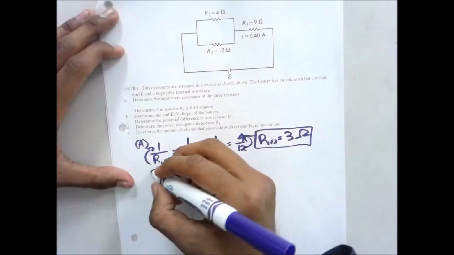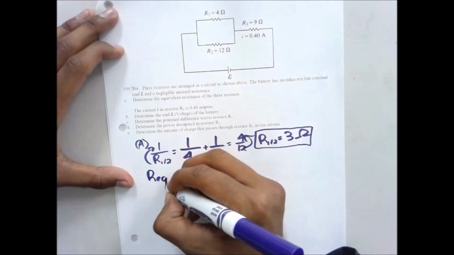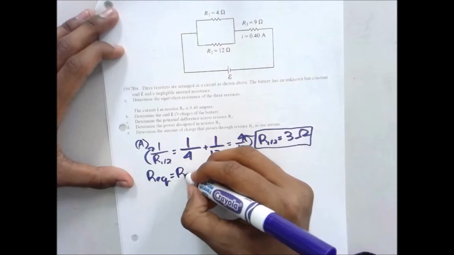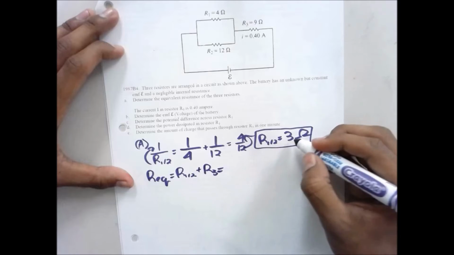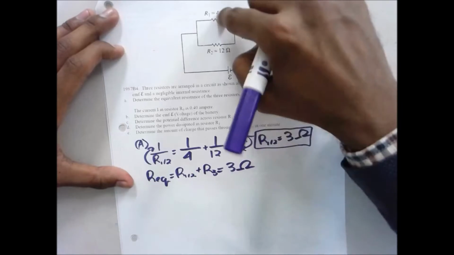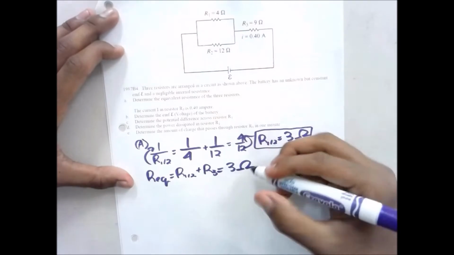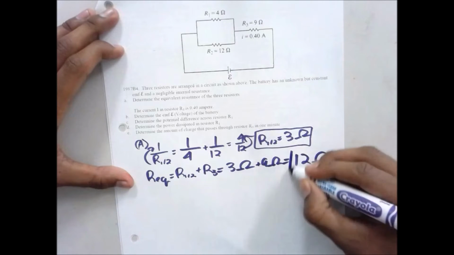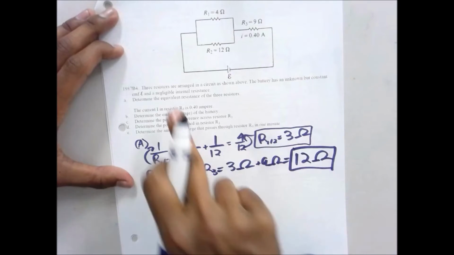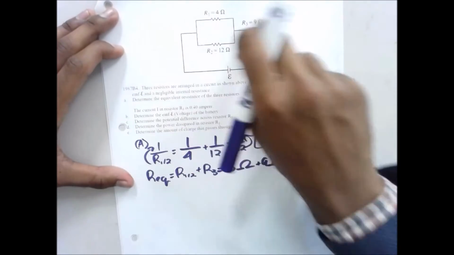Now, to find Req, we have to do R1/2 plus R3. So if R1/R2 is 3 ohms, that's this guy right over here, plus 9 ohms, we get a total of 12 ohms. So there's a total of 12 ohms of resistance in this circuit overall.